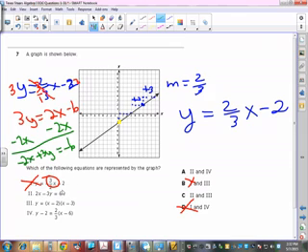That looks a lot like this. In fact, remember when we did standard form, we said you could take the total opposite of everything they have. So positive 2x minus 3y equals positive 6 means the same equation. So yes, that is that equation. So 2 is an answer. It's either going to be A or B because they both have a 2 in it.